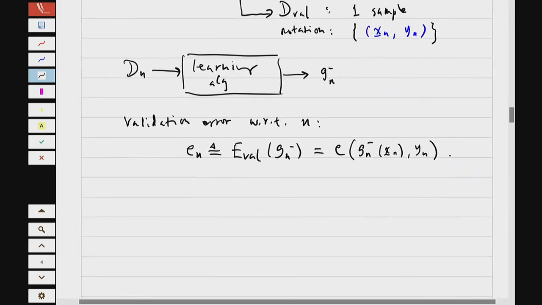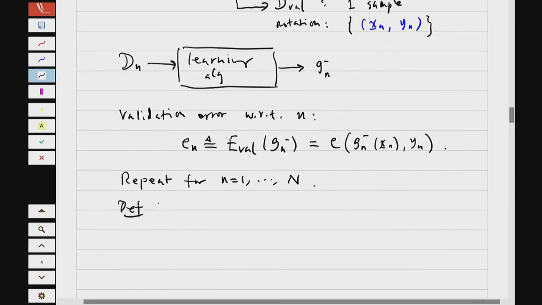We're going to repeat it n times and take the average of this en in order to get a good estimate for the validation error. Repeat for n equal to 1 to N. Now you have E1 all the way to EN. So now we can define the cross-validation error, or cross-validation estimate.